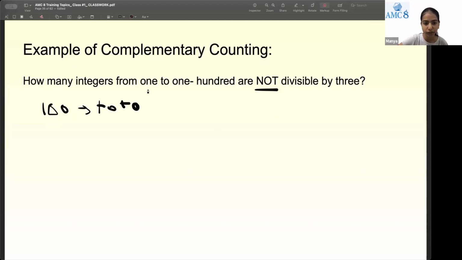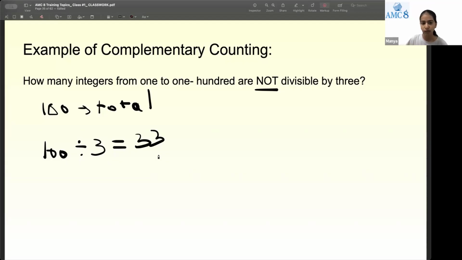And how many of these integers are divisible by 3? That would just be 100 divided by 3, which is equal to 33 remainder 1, but we don't really care about the remainder. So let's just say 33. And now this is the opposite of what we want, because 33 of these numbers are divisible by 3.